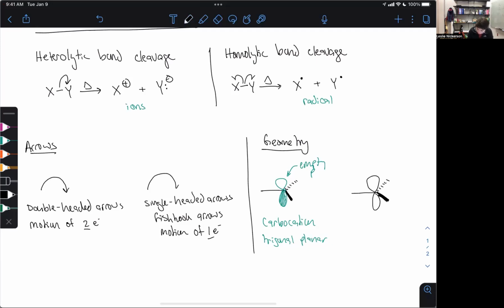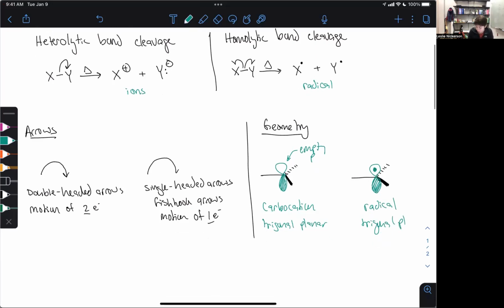Okay, so we still have a p orbital, but now instead of it being empty, we have a single electron in it. And it's definitely going to have more of those trigonal planar properties.